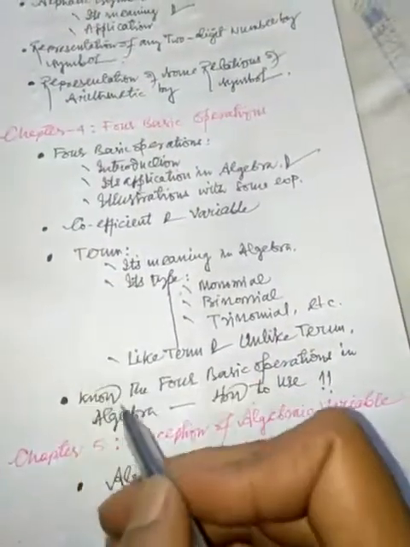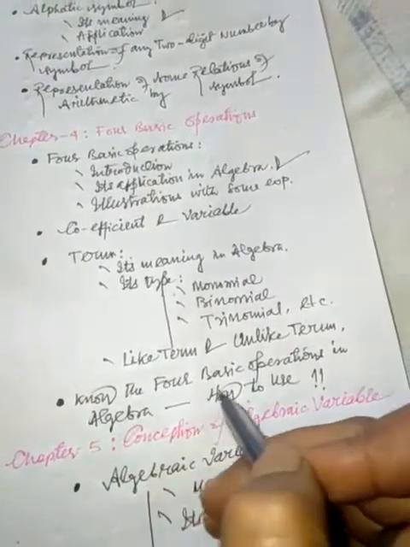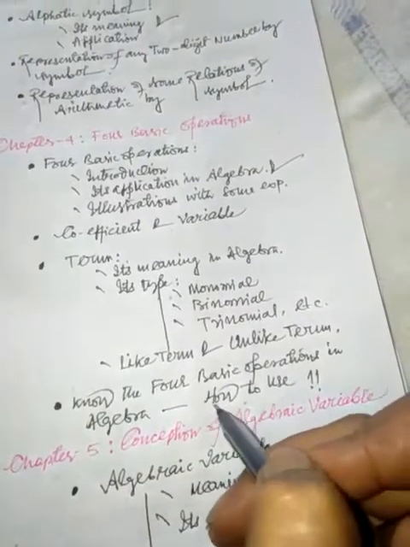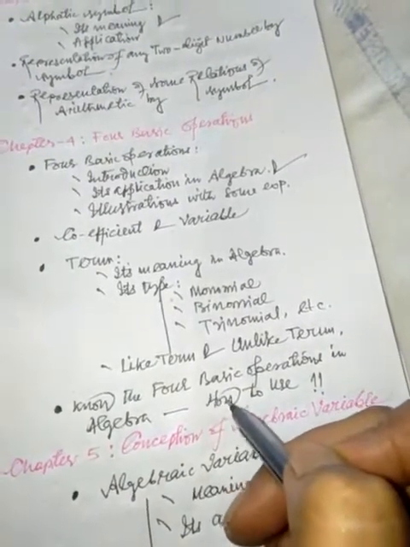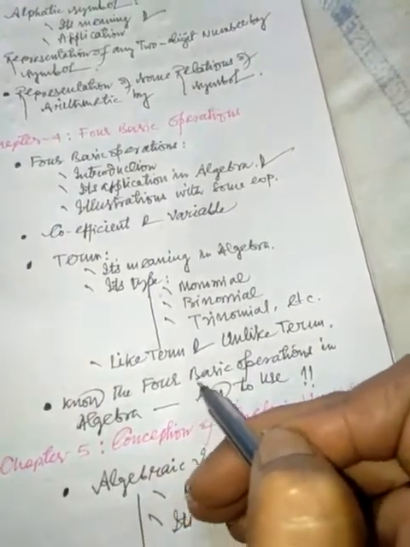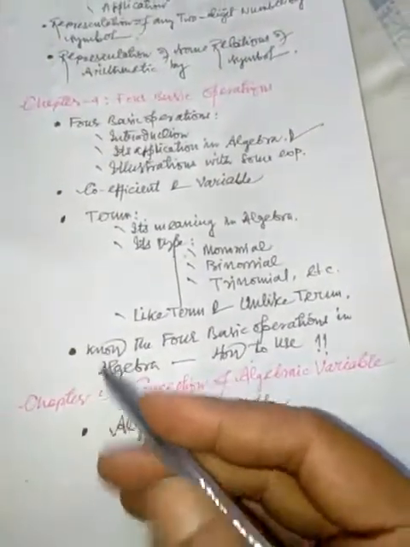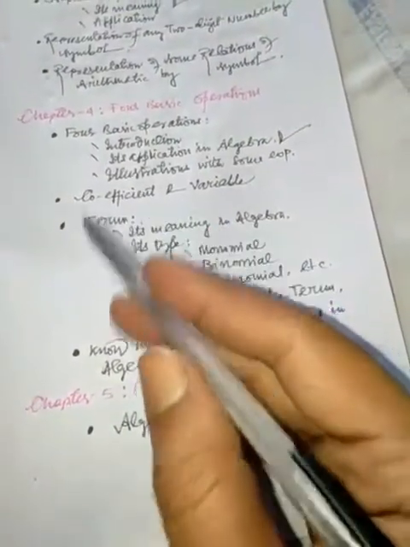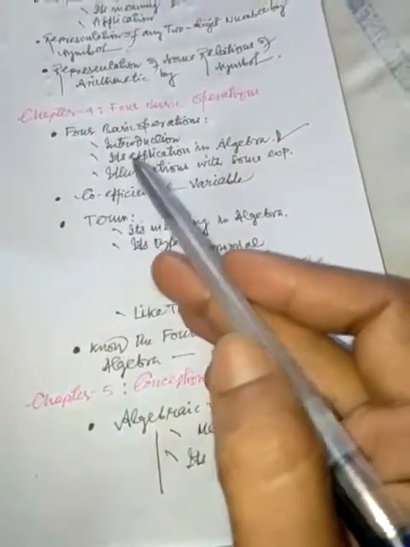The last topic of this chapter 4 is the 4 basic operations in algebra. The main question here is how to use the 4 basic operations in algebra. So these are the few topics of chapter number 4.